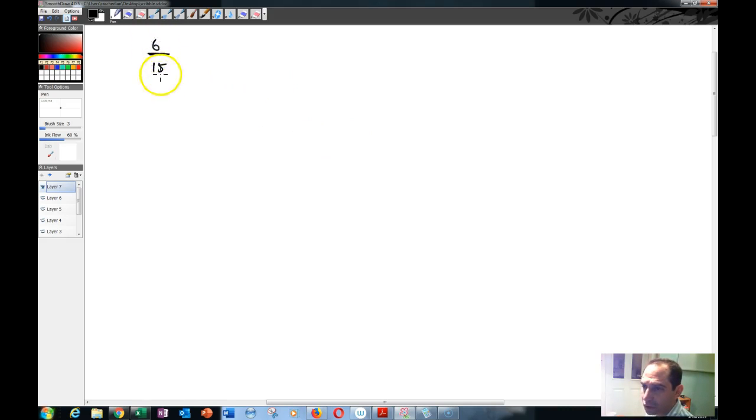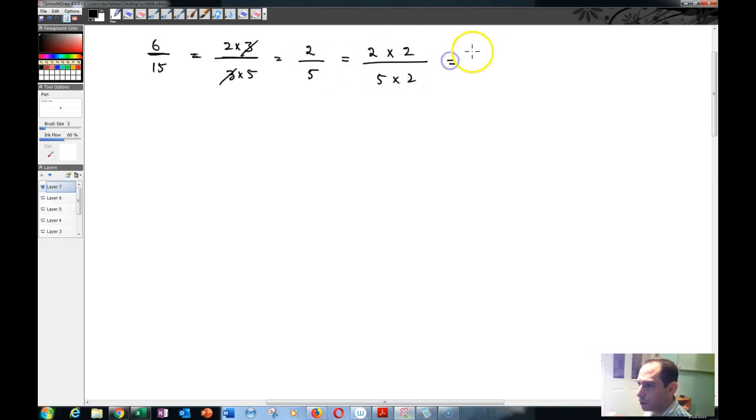You see that these two numbers are not co-prime, meaning that you can write this as 2 times 3, and this as 3 times 5. Then you can simplify, and this would be 2 over 5, and 2 over 5 has a terminating decimal representation, because you can write it as 2 times 2 over 5 times 2, which is equal to 4 over 10, which is equal to 0.4.